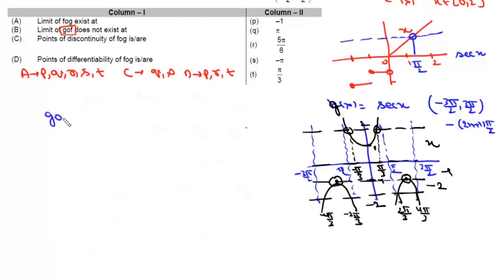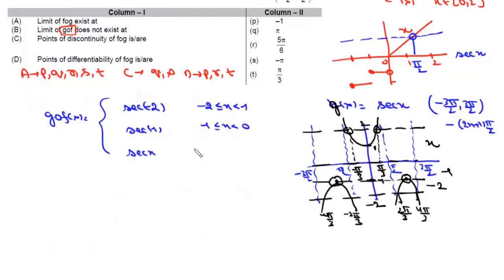So g of f of x will be secant minus 2 when x lies between minus 2 and minus 1. It will be secant minus 1 when x lies between minus 1 and 0, and it will be secant x when x lies between 0 to 2 except pi by 2.